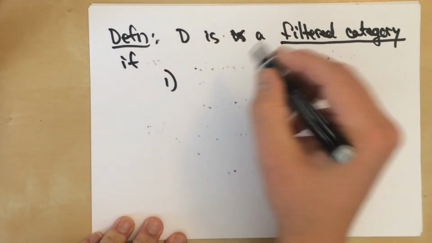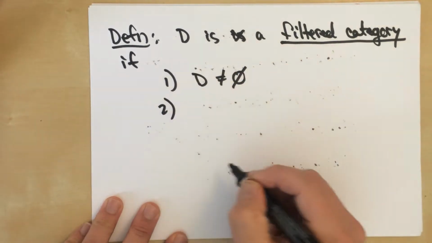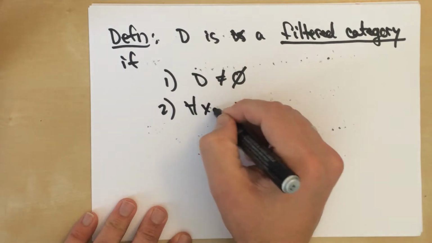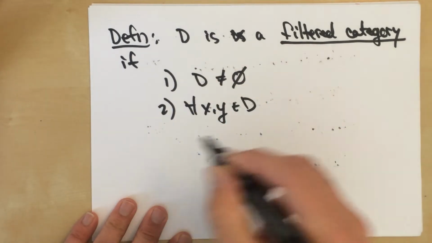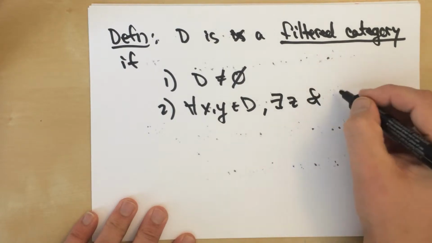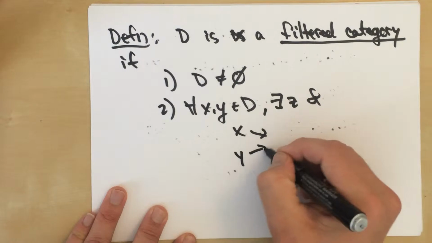First, D is not empty. Second, for every X and Y in the category D, there exists a Z and maps X, Y to Z.